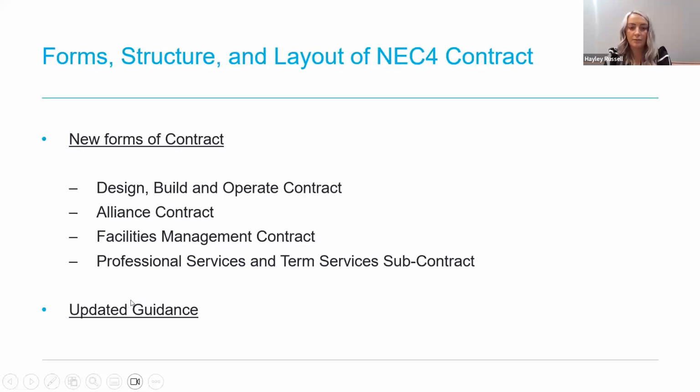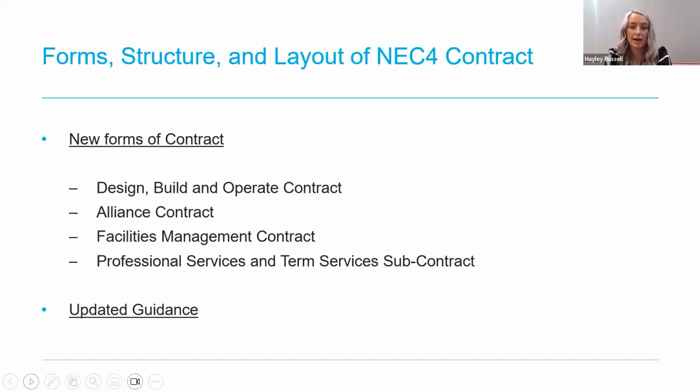Then fourthly, we also have the professional services subcontract. This is used for sub-consultancy appointments, which may be useful where there is a lead designer who may be responsible for all disciplines and sub-consults to others. For example, an architect who sub-consults the engineering elements.